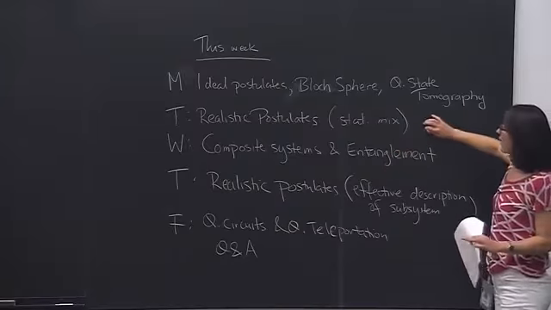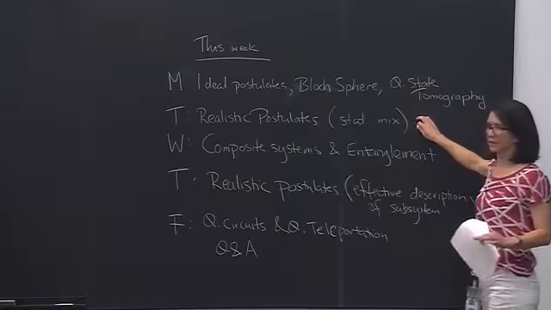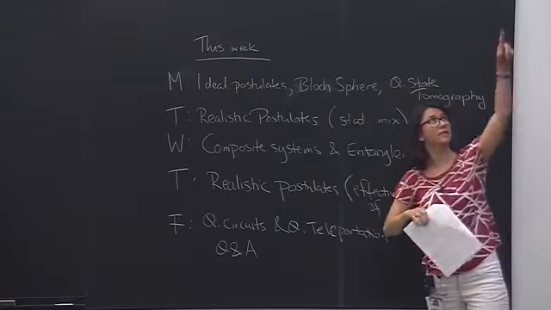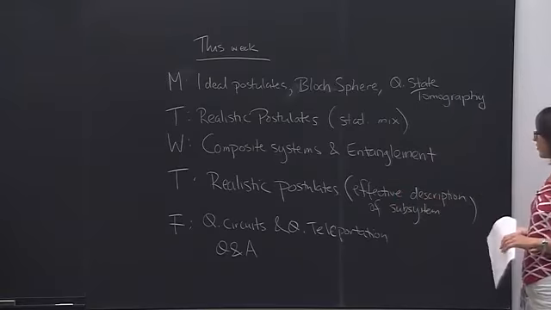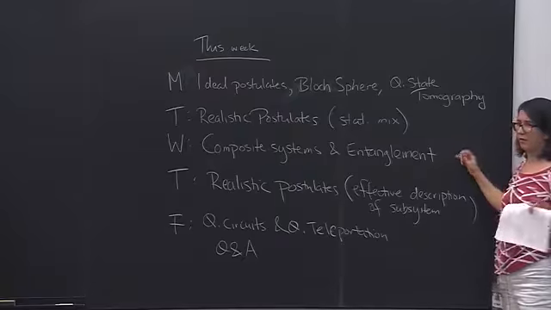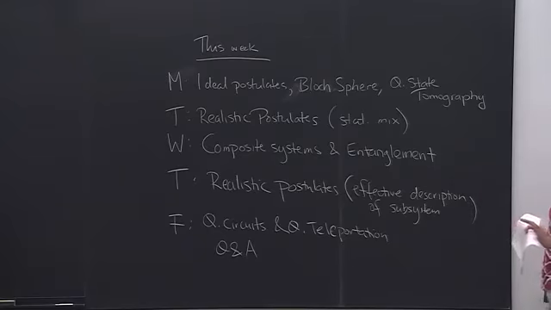Then tomorrow, I will extend the postulates to incorporate statistical mixtures. So we will have statistical mixtures of the ideal operations, and that'll give us a more general framework. Then on Wednesday, I'll talk about what happens when we've got more than one system and what happens when you have entanglement between those systems.